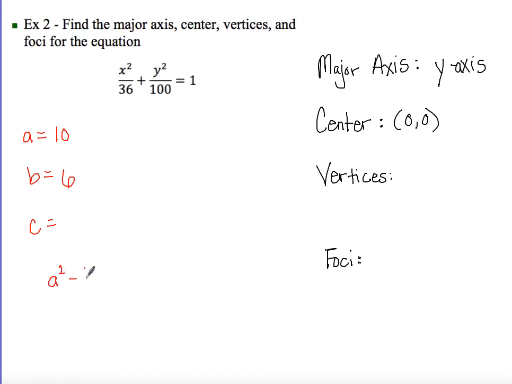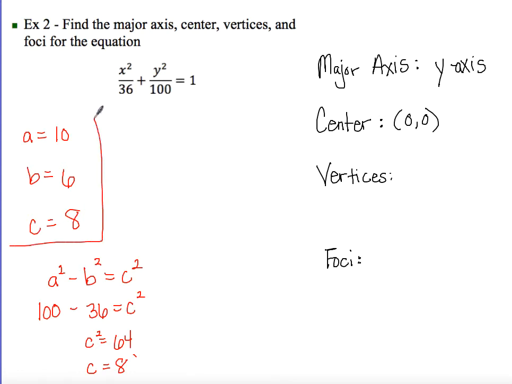Again, A squared minus B squared equals C squared, and we're working on committing all of these to memory, both the ellipse equation and the definitions of A, B, and C. So A squared is 100, B squared is 36. That's going to give us a C squared value of 64, or in other words, a C value of 8.